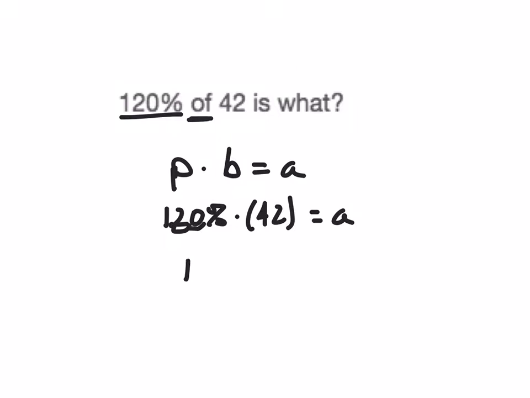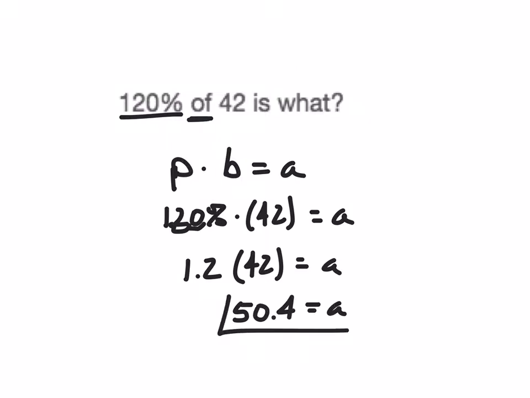And so I end up getting 1.2 times 42 is equal to A. If I do that in the calculator, that's going to give me 50.4, and that's equal to A. And that's all we're doing.